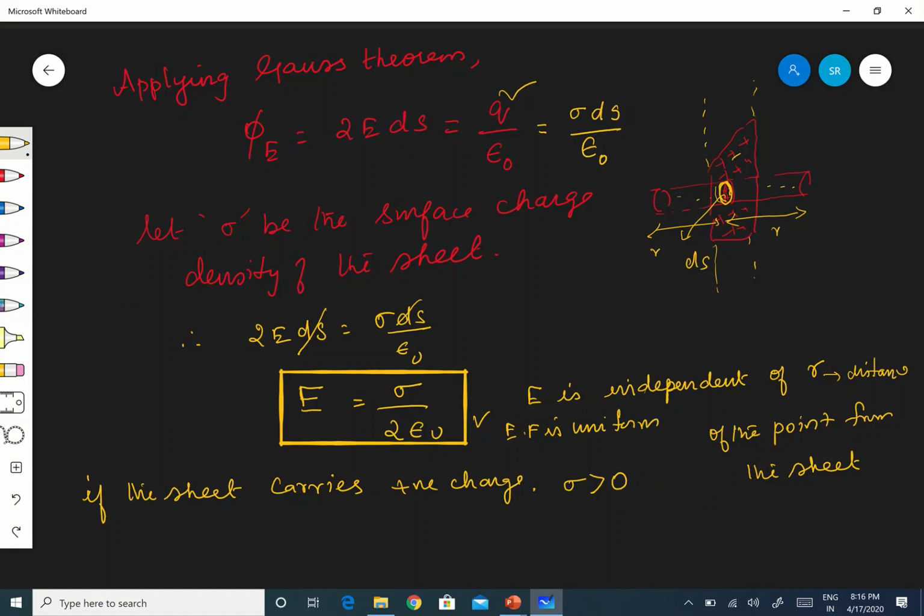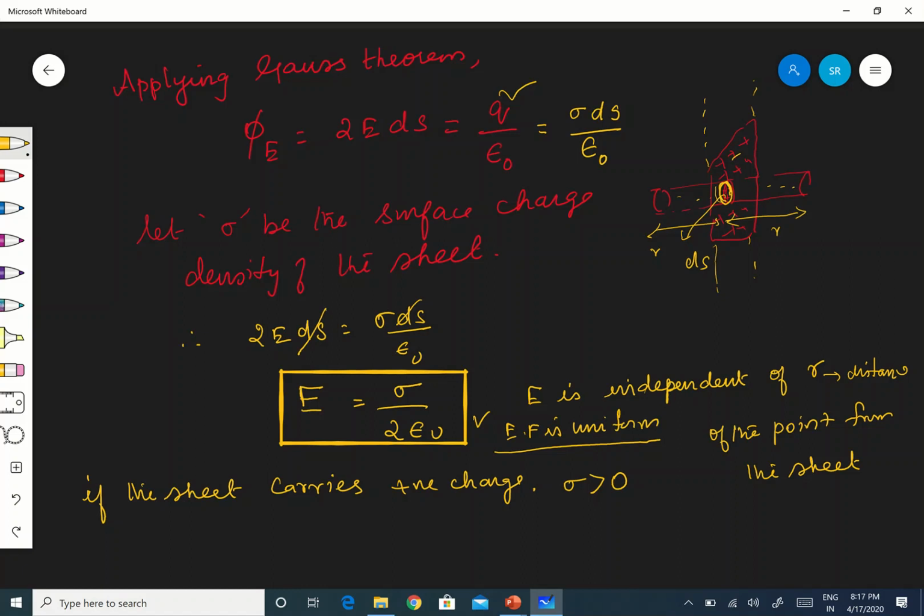Why? Sigma by 2 epsilon naught, sigma is a constant. Sigma is nothing but the surface charge density, and epsilon naught, everything is constant. Therefore the magnitude of electric field intensity is the same at every point. The electric field is uniform. Okay, right, very important.